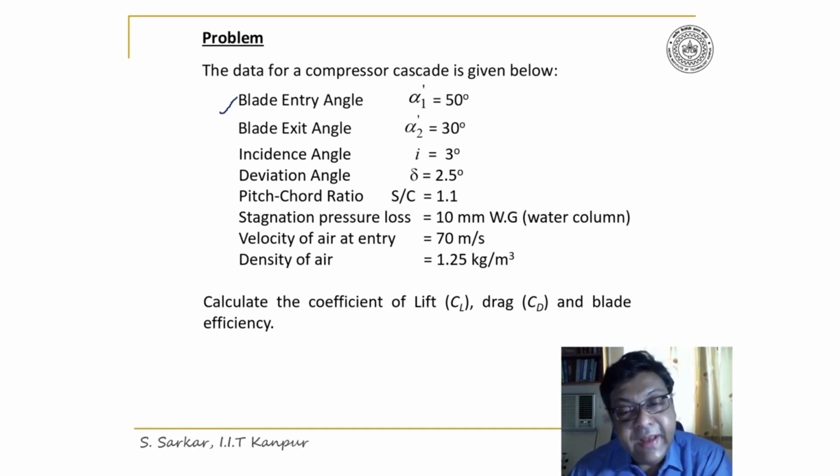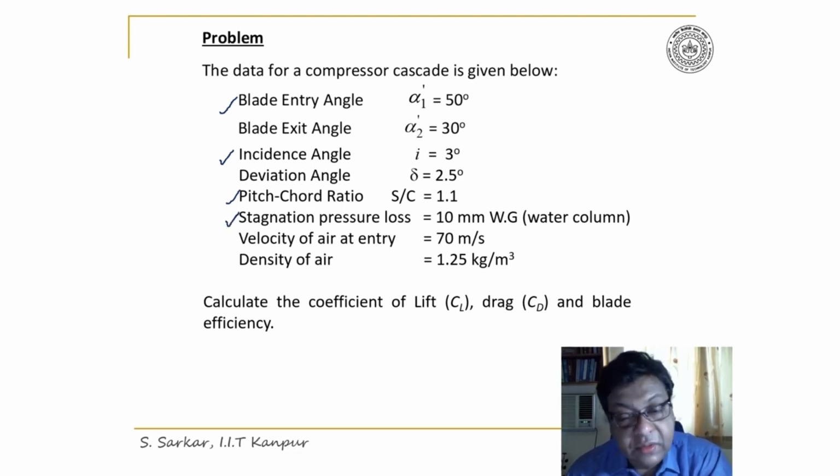Blade exit angle alpha 2 dash equal to 30 degree. Incidence i is equal to 3 degree. Deviation delta 2.5 degree. Pitch to chord ratio s by c is equal to 1.1.